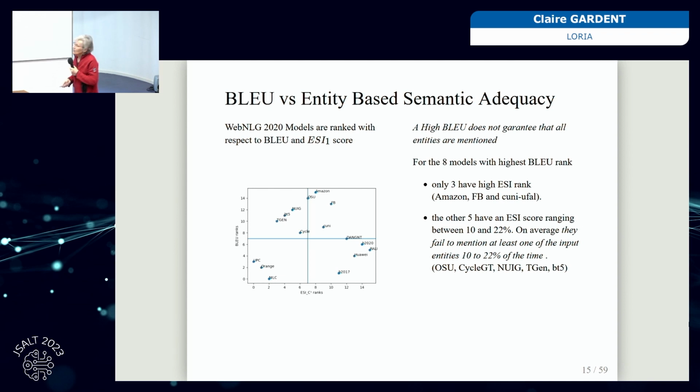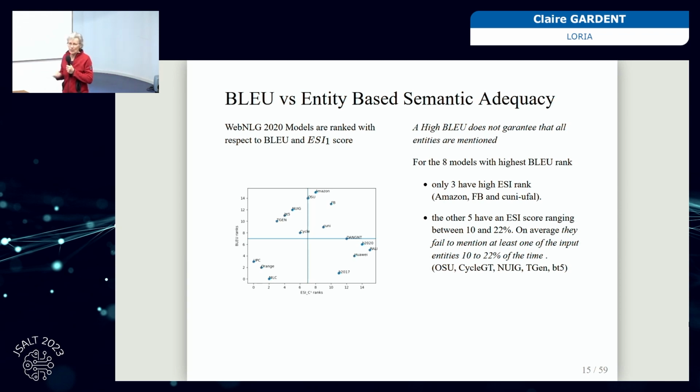So as I said, in generation we often use very global metrics that give us a score for the model. So it tells us, for example, the BLEU score of the model is a certain level. And a high BLEU usually means that the model generates texts that are close to the goal text.